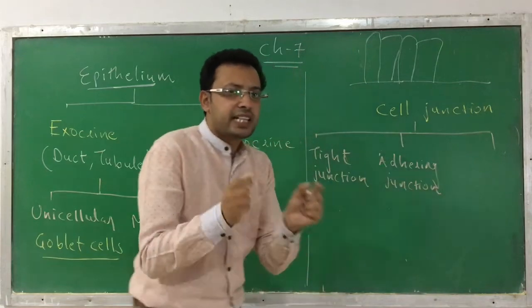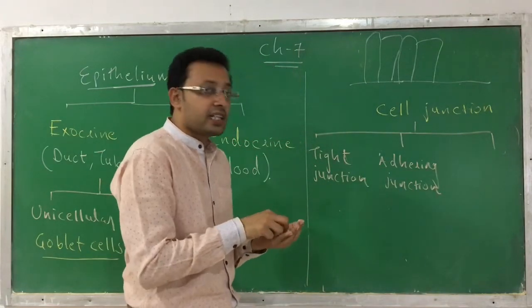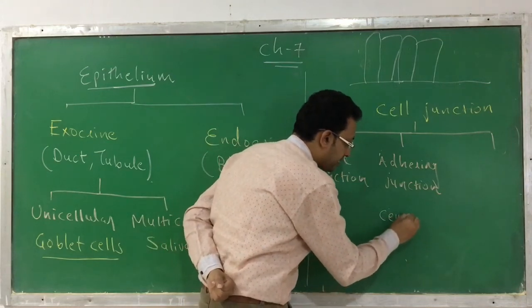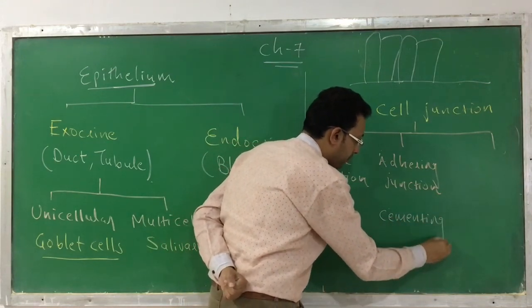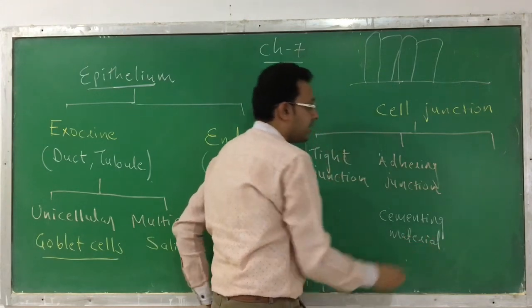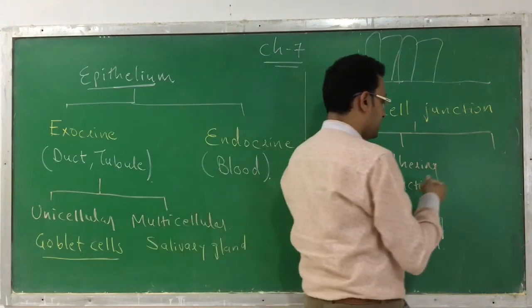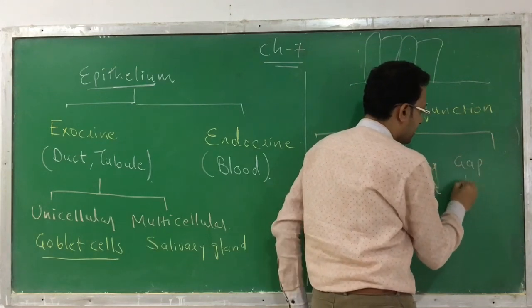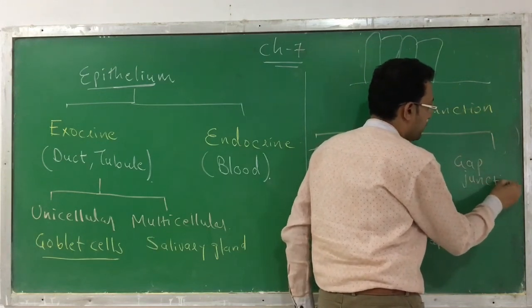Adhering junction means it is somewhat loose and acts as a cementing material. And the last kind of junction is called a gap junction. Here a somewhat larger gap is present.